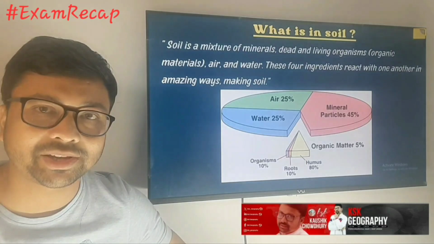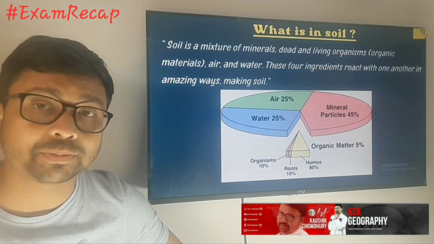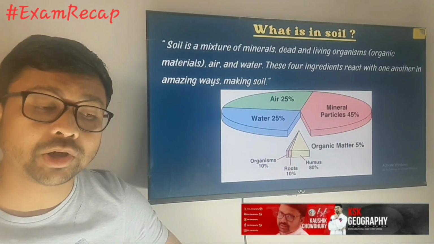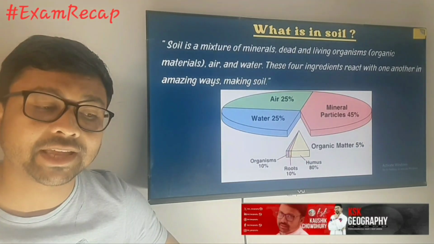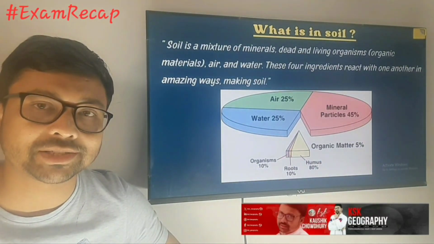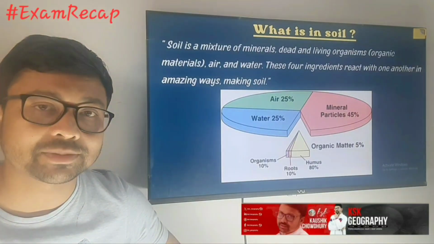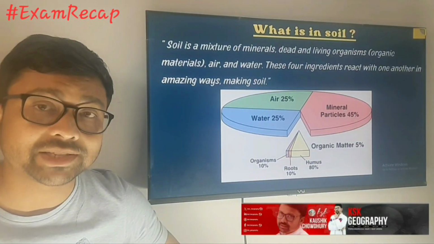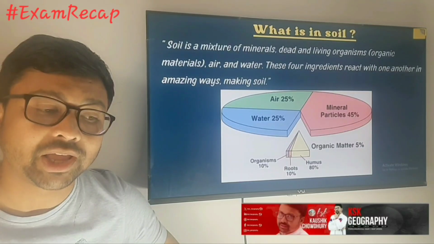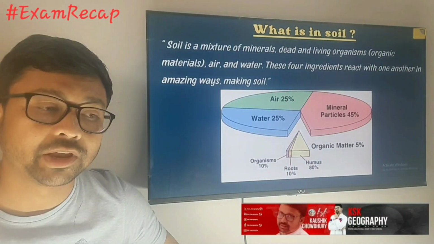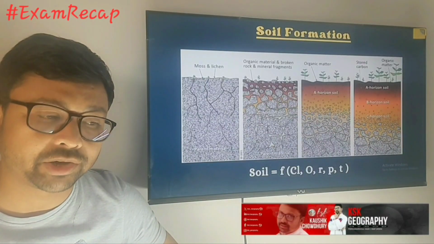Organic materials are just 5%, but they play an important role. Remember, without organic materials, the substance would be considered regolith. That 5% organic material makes the soil combine, acts like a glue and provides the humus materials to the soil, and that's why this 5% is very important.